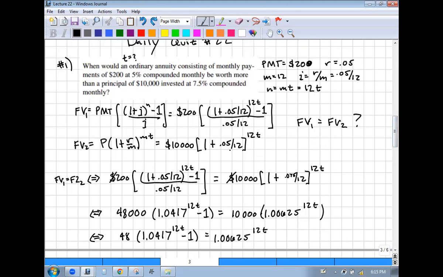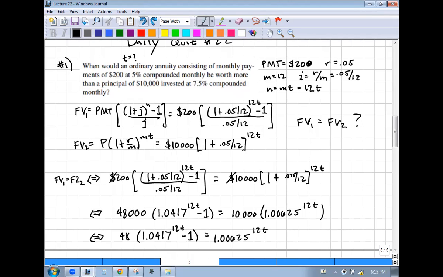1 plus R over M to the, no, MT. Huh? It does have a higher interest rate, right? It is possible if there's enough money in here collecting interest.